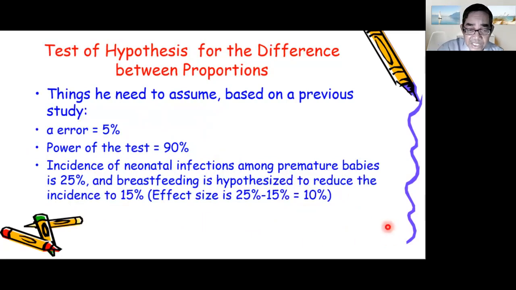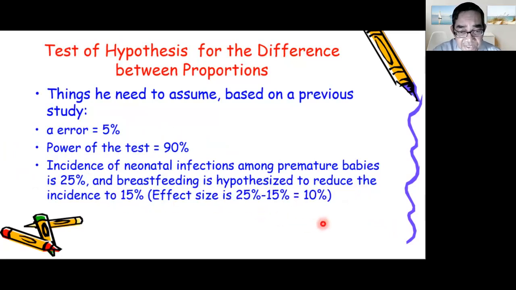If you don't have studies on the comparison of these two groups, you only have one study for one group and for the other group you don't have a study, you can hypothesize, as was made here. So breastfeeding is hypothesized to reduce the incidence to 15%.